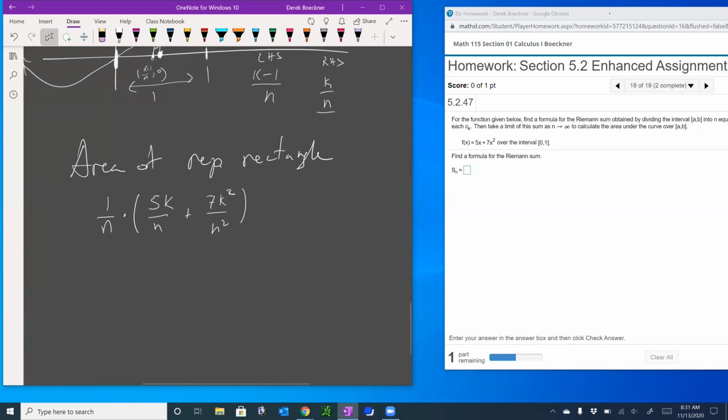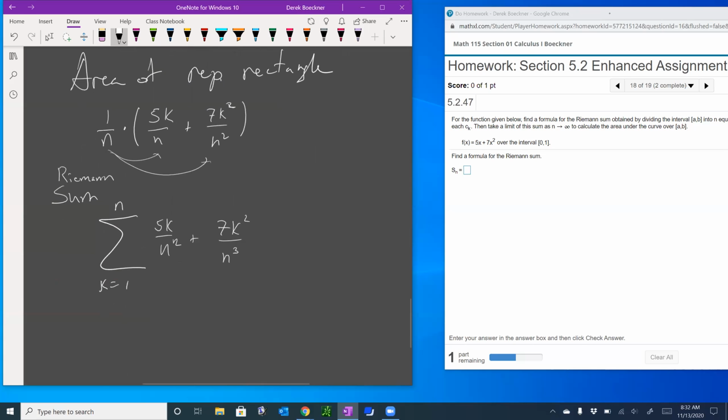So my Riemann sum is going to be the sum from k equals 1 to n of 1 over n times this. Let's multiply this out, distribute it, make that easier on ourselves. I get 5k over n squared plus 7k squared over n cubed.